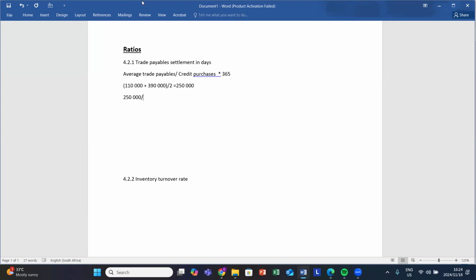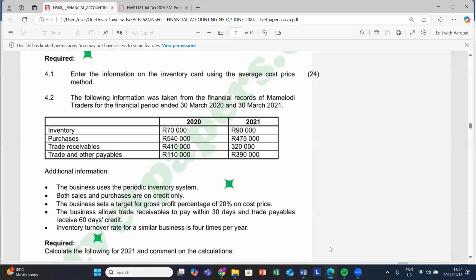We know that our business acquires products in two methods: it can acquire them on cash or on credit. So let's go to our additional information to see the method of acquisition. We have our purchases for 2020 and 2021, but we'll be focusing on the current one, which is 2021.